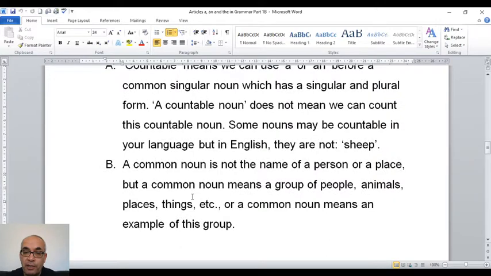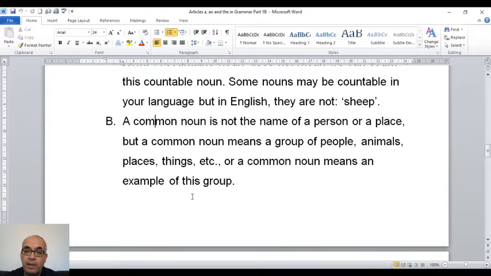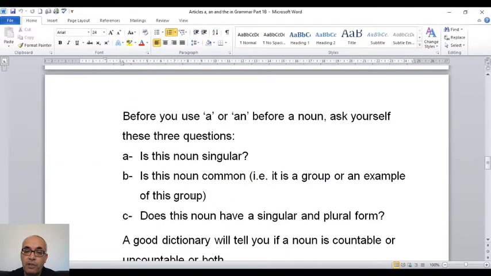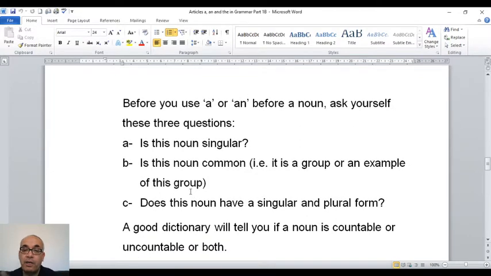I will give you more examples on countable nouns. So this is the story now. Before you use a or an before a noun, ask yourself these 3 questions. Is this noun singular? Singular means one.